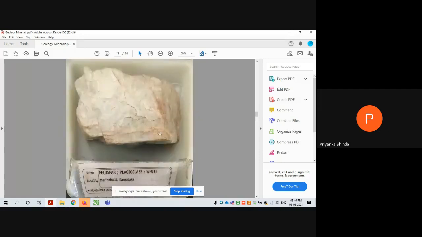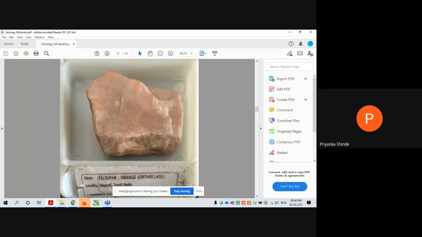Plagioclase is white in color and microcline is pink in color. Then the streak: if you rub it on the streak plate, it is absent, because the hardness of the feldspar group is 6. So it is harder than the streak plate and will not produce any powder, so you can write it as absent.